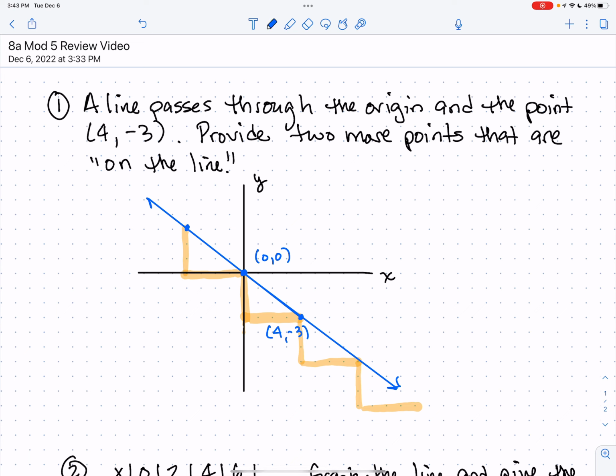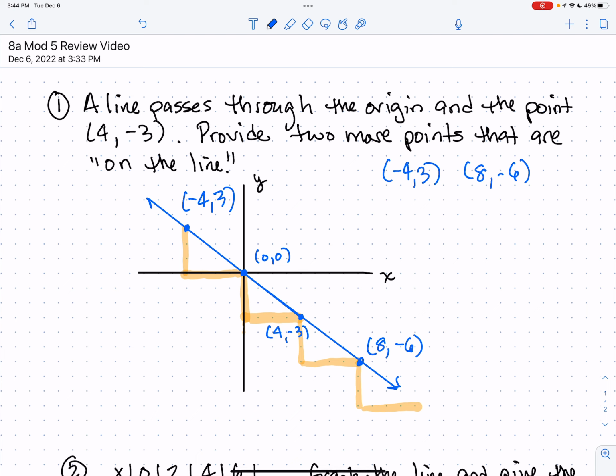So this point and this point are 2 points on the line. This is the point -4, 3. This is the point, let's see, it's 4, so 5, 6, 7, 8. And I'm down 3 from -3, so -6. So there's two more points on the line, -4, 3, and 8, -6.